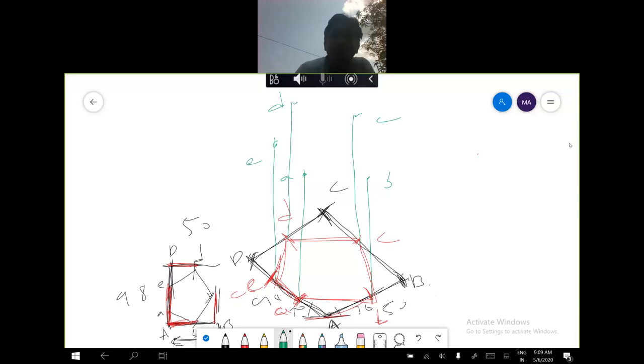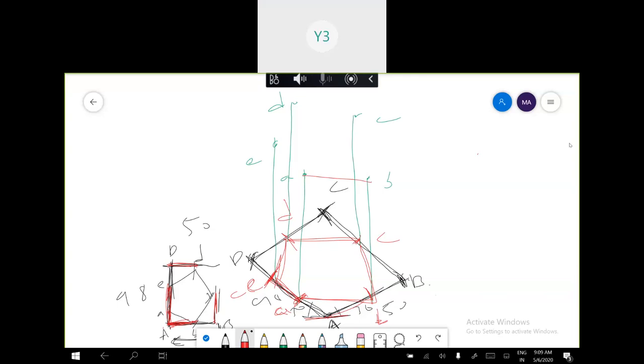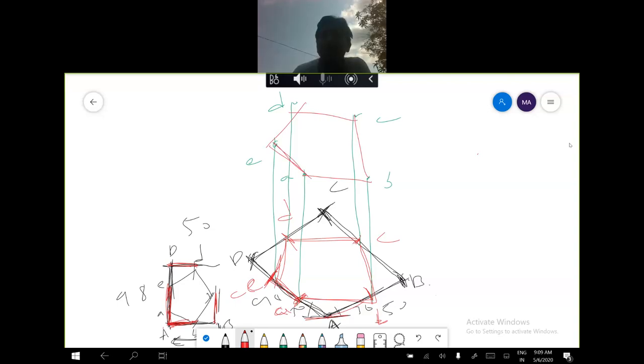I'm joining all these points, from A to B, B to C, C to D, D to E, and E to A. Understand? Then this forms a pentagon, the top pentagon. Then I am drawing the visible lines with a red pen.